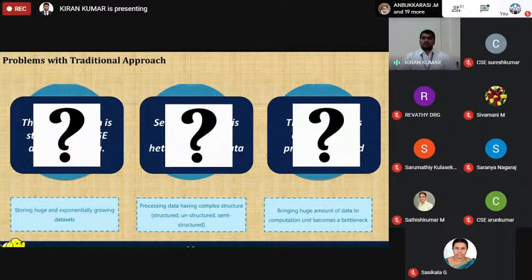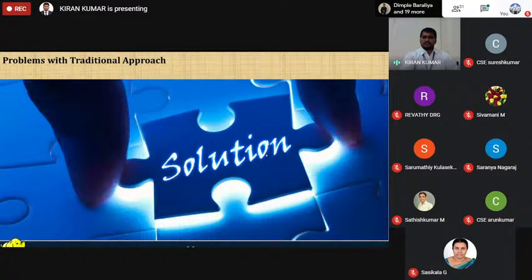I can say these are the problems with the traditional approach, and here we need to come up with a solution for how to address these problems. That is what we are going to see in the remaining time of the morning session and also in the afternoon session. What are the technologies, the different tools, and the different frameworks available for us to overcome these problems? If you ask how to overcome them, there is a solution for us.